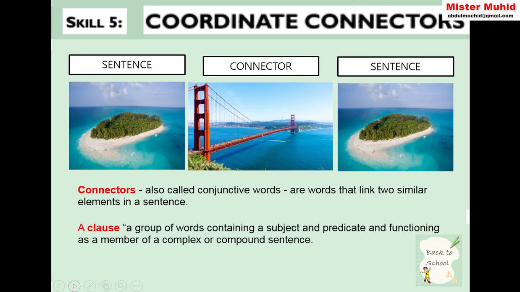Why do I talk about clause? Because sometimes the connectors can also connect sentences which have a clause. So sometimes it will make you confused, but later I give you another sample for the sentence. Okay, let's continue.